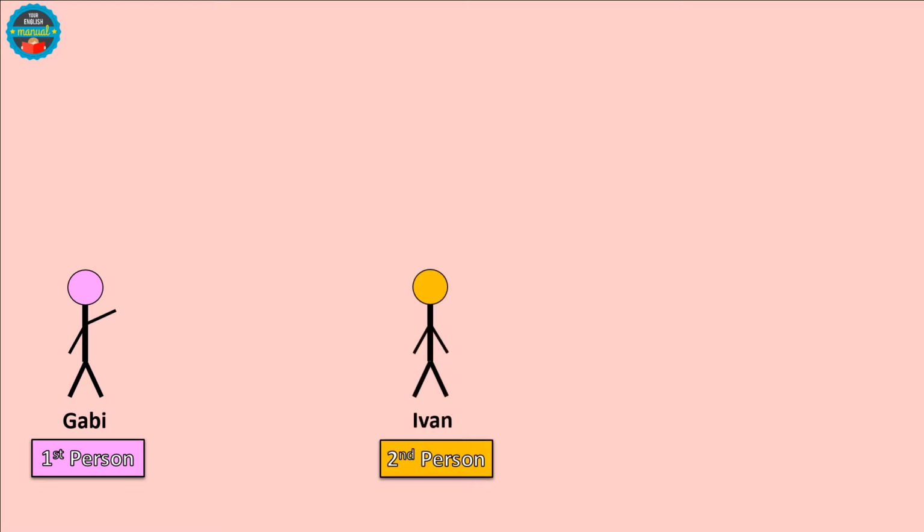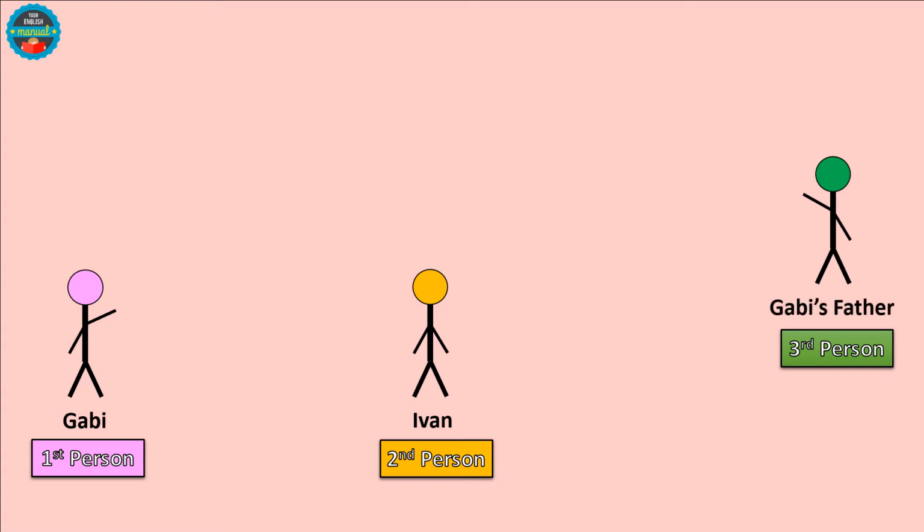But what if I'm not talking about me and I'm not talking about you? What if I'm talking about another person? In other words, in this conversation between two people, what if I'm talking about a third person? For example, what if I'm talking about my father or about my mother?